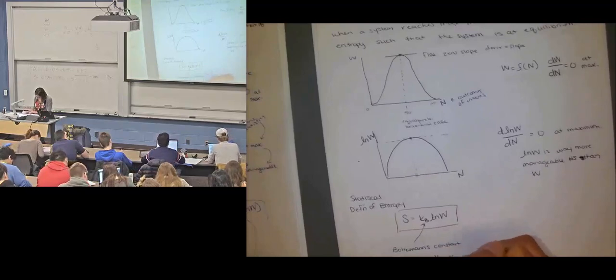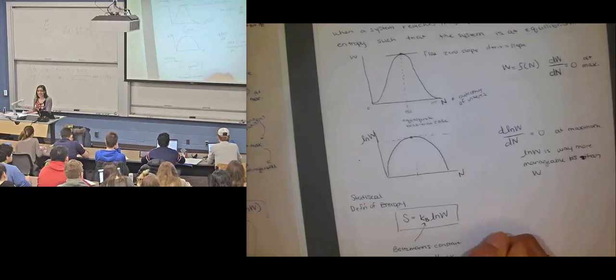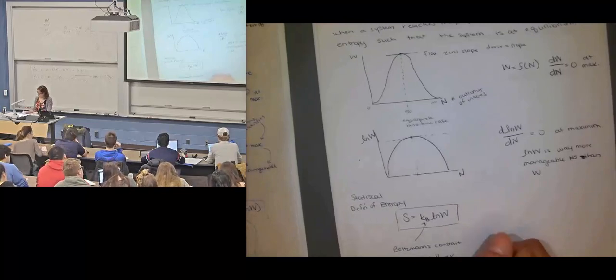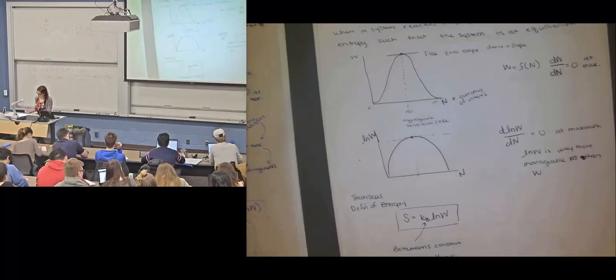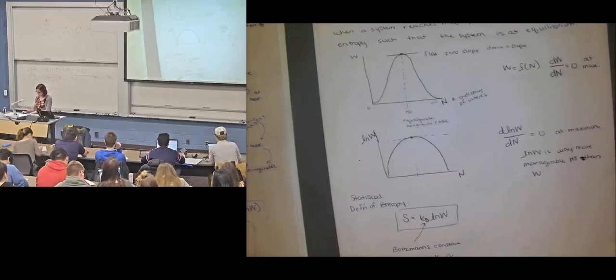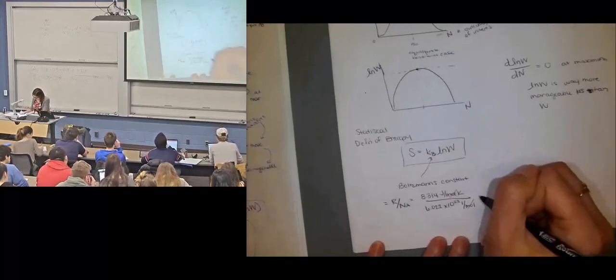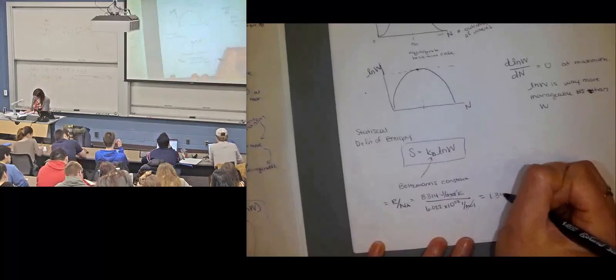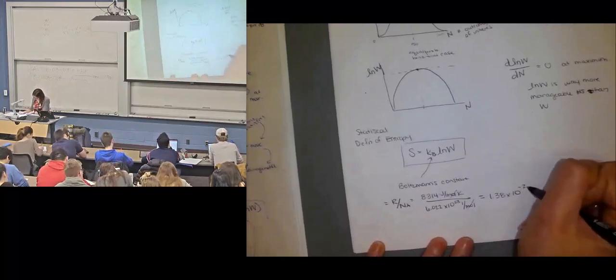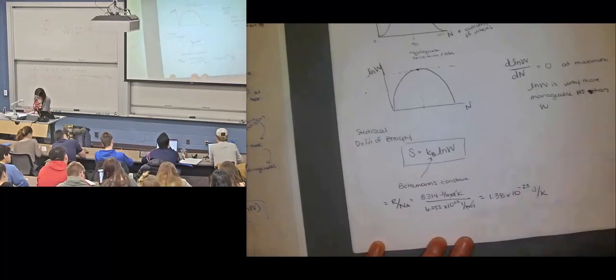The units of Avogadro's number were what? Things over mole, right? Number of molecules, atoms, whatever. 1 over mole is our units. So the moles are going to drop out. They're both on the bottom. And this is equal to 1.38 times 10 to the negative 23rd joules per Kelvin.